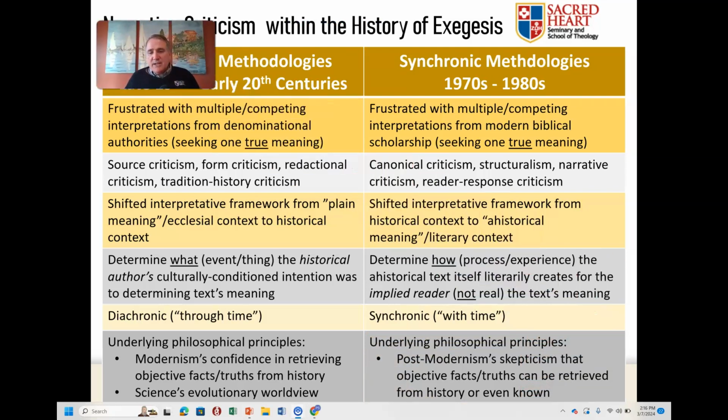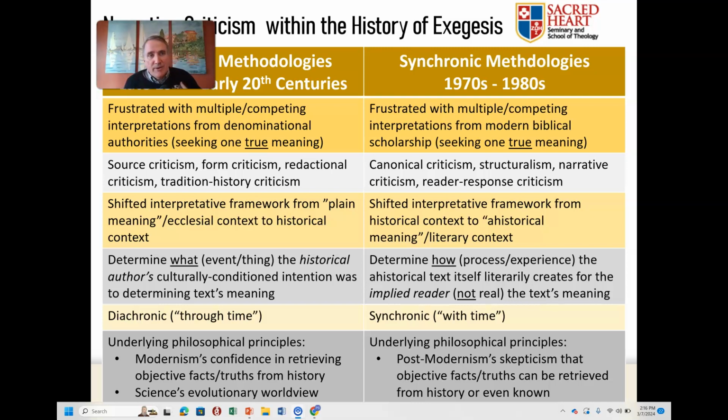But the underlying philosophical principle here arose when postmodernism was starting to get its footing, and there was a real skepticism about whether you can find objective truth and facts, particularly when dealing with history. Can we really understand what someone 2,000 years ago was thinking? It's hard to know what my wife is thinking, or my son, or one of my students.